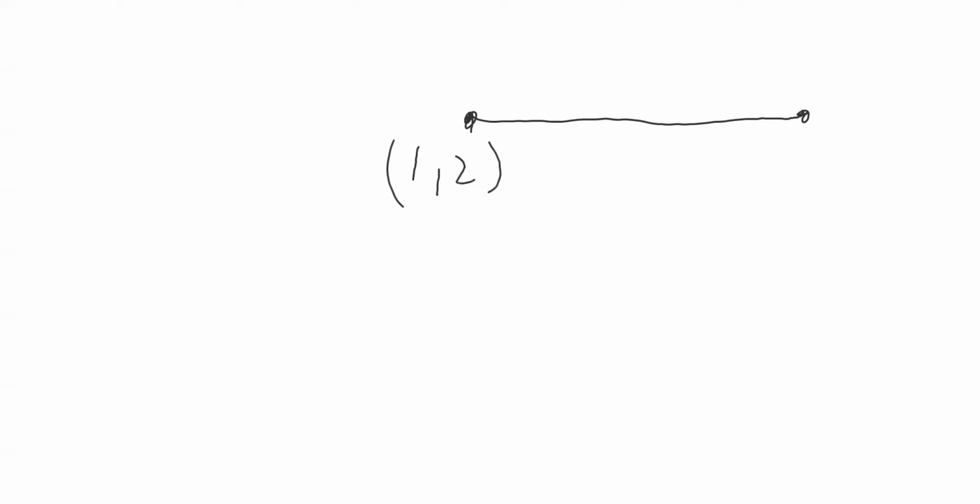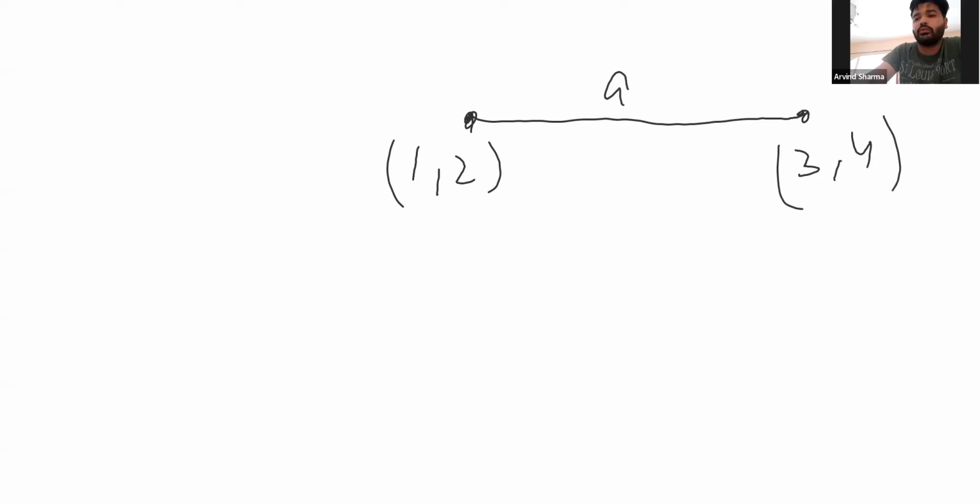Now the next thing is, for example, you are given two points like this and this. For example, this point is 1 comma 2 and this point is 3 comma 4, and this is representing a vector. Now how will you represent it?